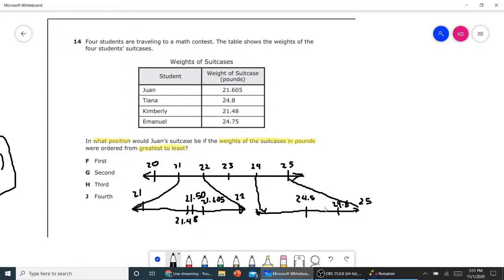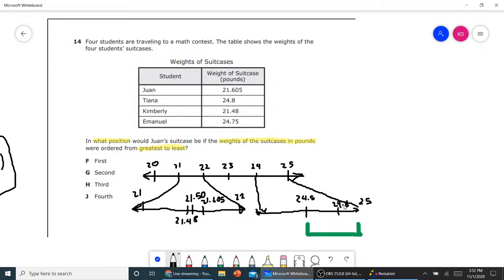So we ask ourselves our question one last time: is 24.75 greater than or less than 24.5? The answer is 24.75 is greater than 24.5, so we're in this area right here.